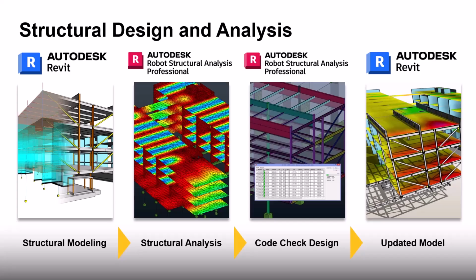So this is how the analysis workflow looks today. First, we can automatically create an analytical model from the physical design. Second, engineers can now take full control over this model, deciding exactly how it should represent the physical elements. The analytical model is independent, but can stay linked to the physical one for coordination.